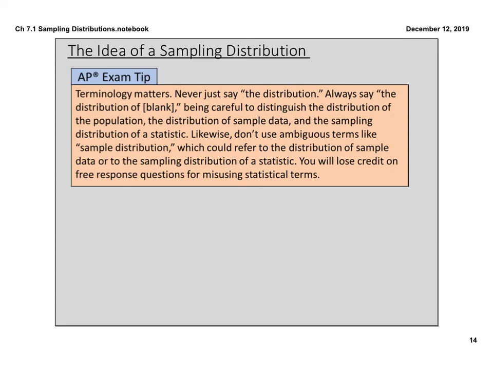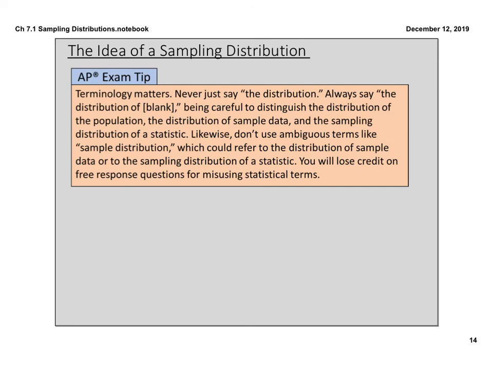Okay, one more AP exam tip. Terminology matters, is what they say. Never just say the distribution. Always say the distribution of whatever. You have to name your sampling statistic. So be careful to distinguish the distribution of a population, the distribution of your sample data, or a sampling distribution of a statistic like the mean.